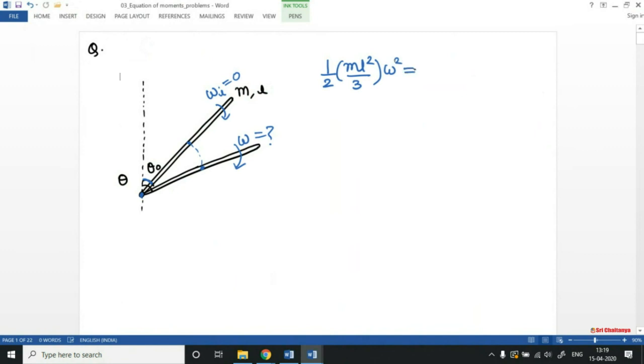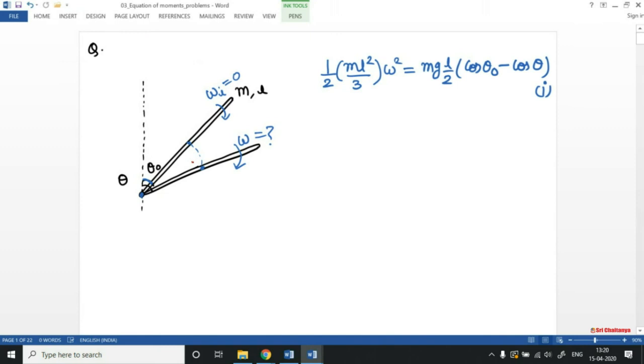And that will be equal to the loss in potential energy, which would be mg L by 2 into (cos theta naught minus cos theta) over here. Okay, so this is equation number 1. So using this equation we will be able to get omega naught.